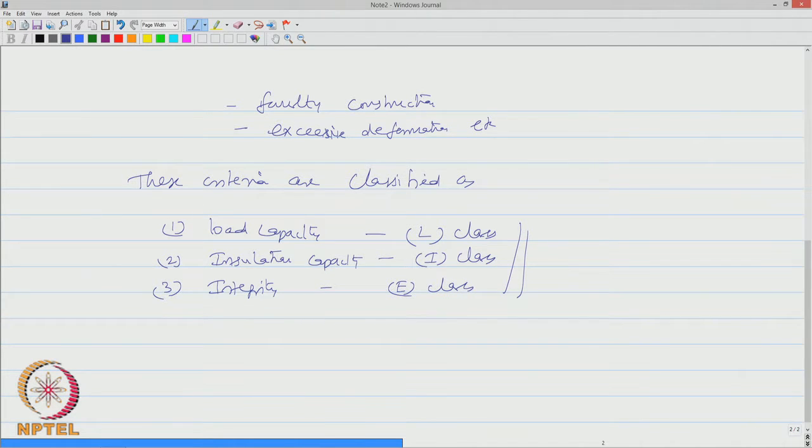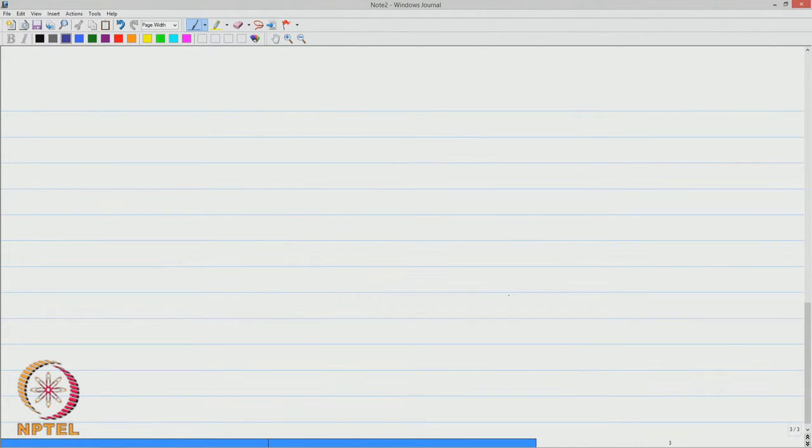Let us see these capacity or load classes separately one by one in detail. Let us start with the load bearing capacity criteria.